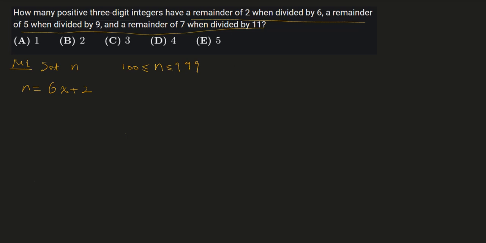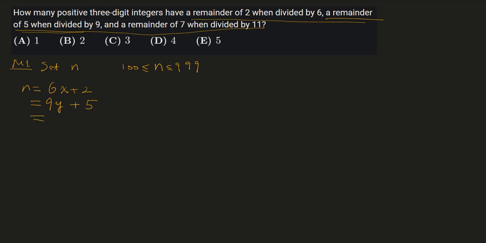Or we can also write this integer as 9y plus 5. That's from this second condition, a remainder of 5 when divided by 9.